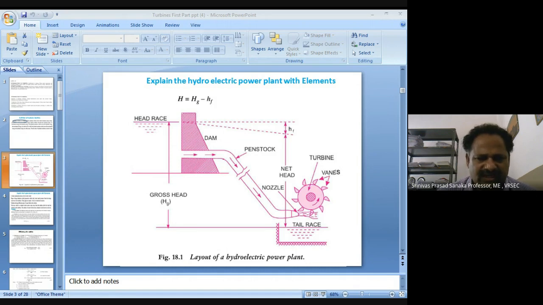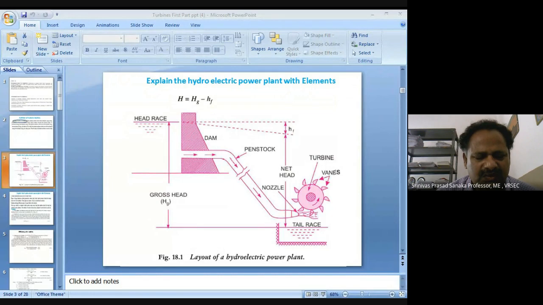So this is called the layout of a hydroelectric power plant. In the layout of hydroelectric power plants, we can observe what the major components are and what the function of each component is.